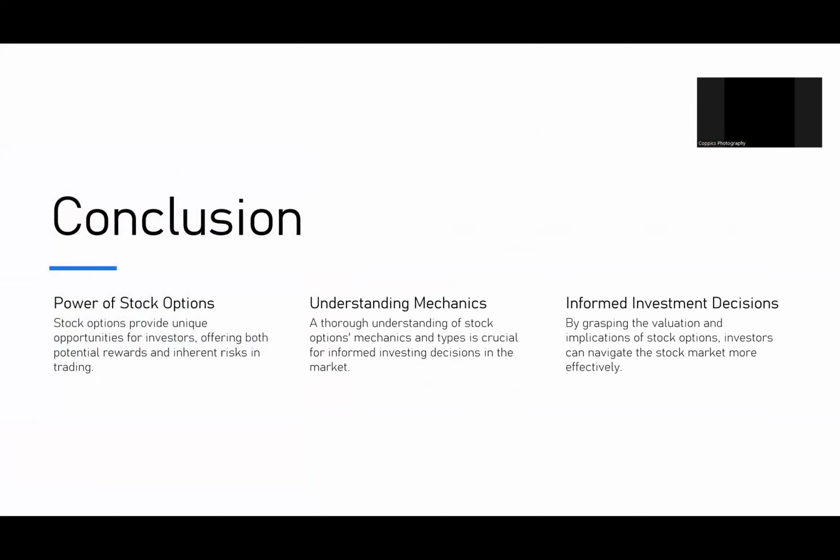So in conclusion, we talked about the power of stock options, right? They give you a great opportunity to either buy shares at a certain price or buy and sell premiums and make good money. Once you get this down and once you stick to your rules and you get that discipline, you can make very good money trading options. Even if you come in and say, I don't need to get rich from this, but if I can trade and make enough in the month to pay my mortgage, that's all I want.